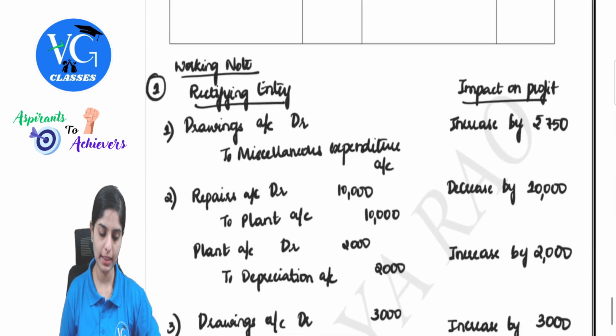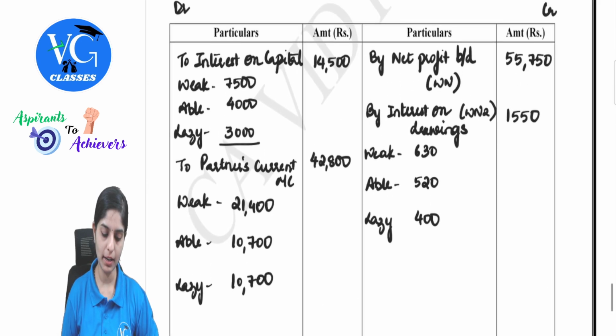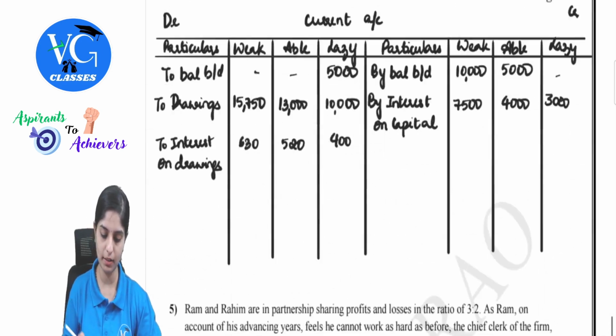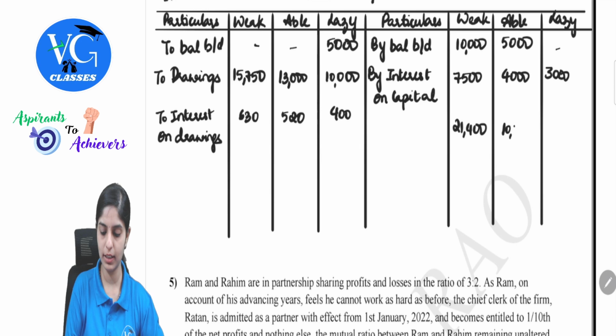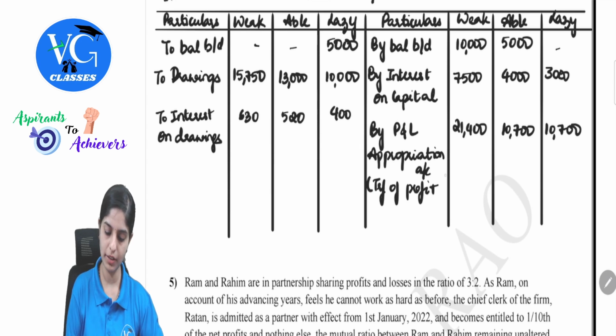And then ultimately the transfer of profit by P&L appropriation 21,400, 10,700, 10,700. So we have entered all the balances.